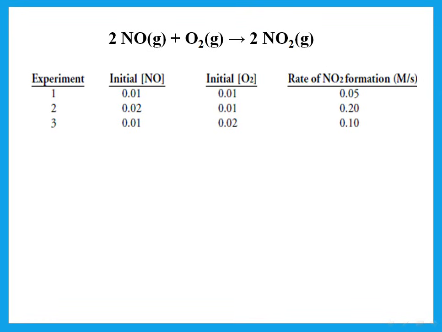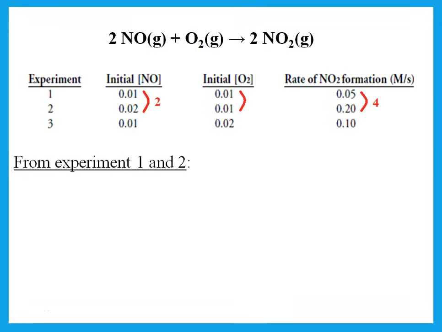To determine the order with respect to NO, I look at experiments 1 and 2. Can you see experiments 1 and 2? They both have the same concentration of oxygen. So you need to choose experiments in which the others are constant, and the only thing we're changing is the NO that I'm looking at. Going from 1 to 2, the concentration has doubled. The concentration of oxygen is the same.